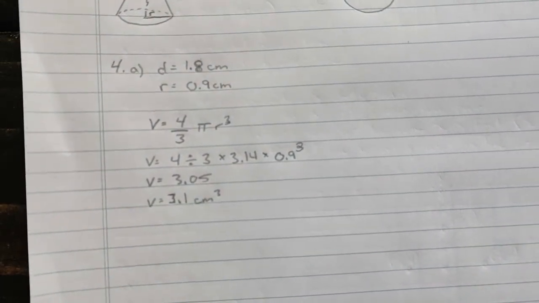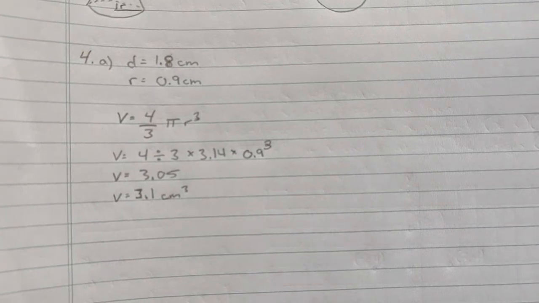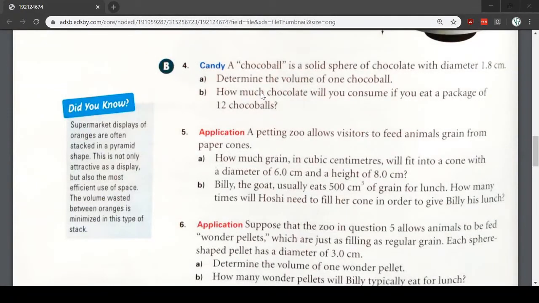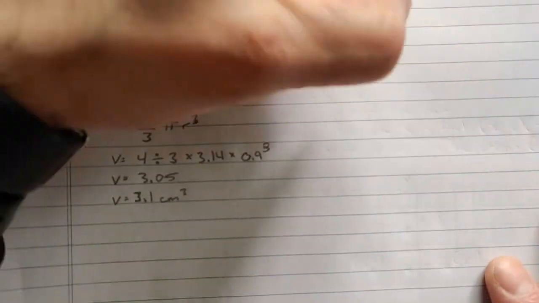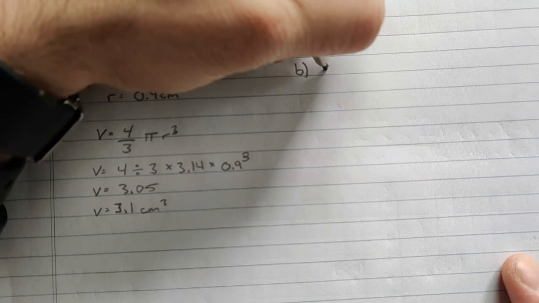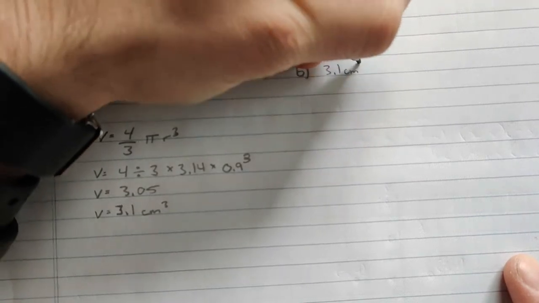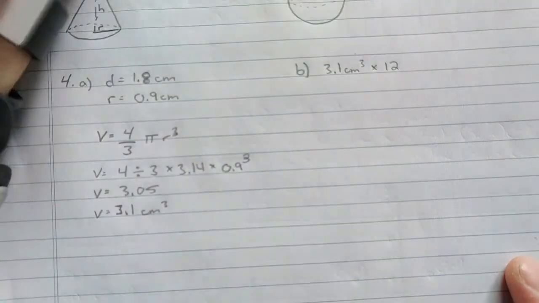Now, the second part of this question had asked, how much chocolate will you consume if you eat a package of 12 choco balls? So we want to eat 12 of these. So part B, all we're doing is taking our volume of 3.1 centimeters cubed and multiplying that by 12.